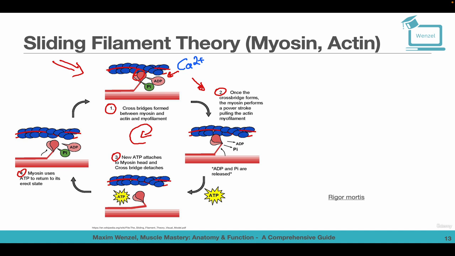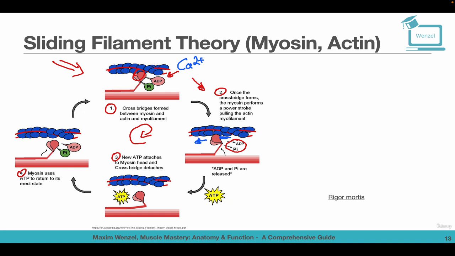Energized by the hydrolysis of ATP into ADP and Pi, which you see here, ATP serves as the energy for this contraction. You see the myosin head shifts in this direction. And after this, ADP and Pi are released.